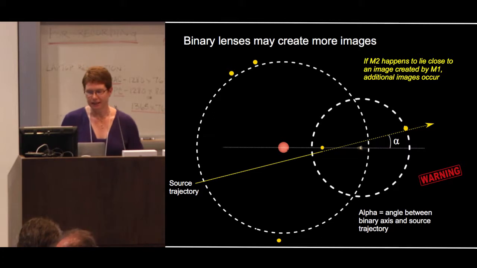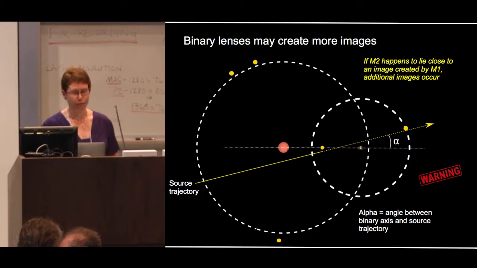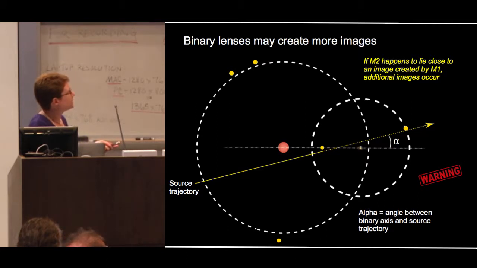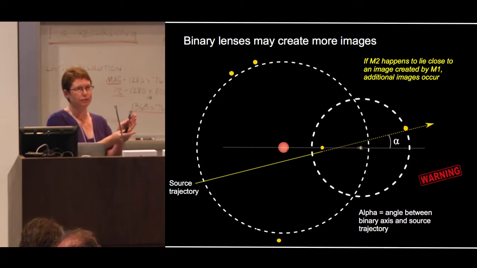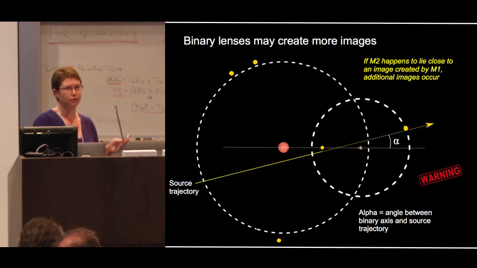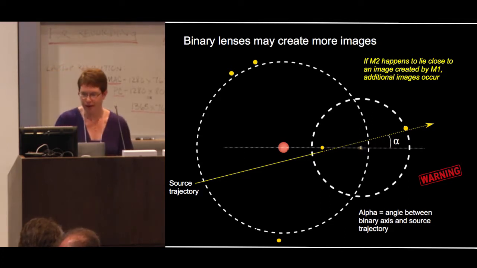Binary lensing can create more than one image. The crucial thing to remember is that the central host star creates two images of the background source when it starts to lens it. If this planet happens to lie close to one of those images, then additional images can be created.